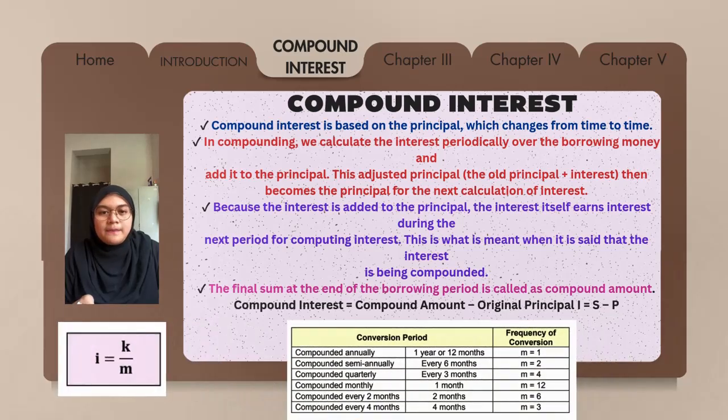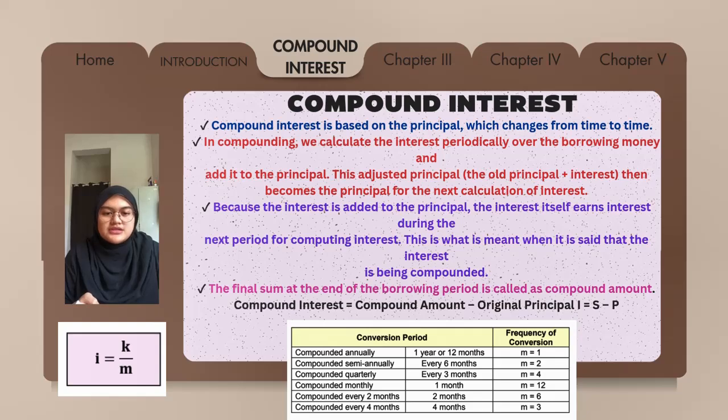Assalamualaikum and hi. So for the first question, it is about compound interest. Compound interest is based on the principle which changes from time to time. In compounding, we calculate the interest periodically over the borrowed money and add it to the principal. This adjusted principal, the old principal plus interest, then becomes the principal for the next calculation of interest.